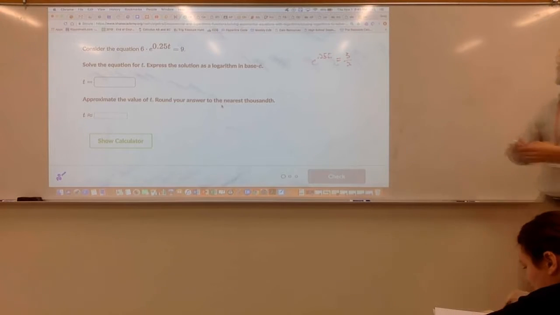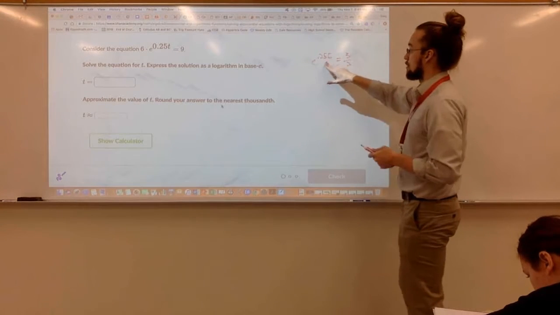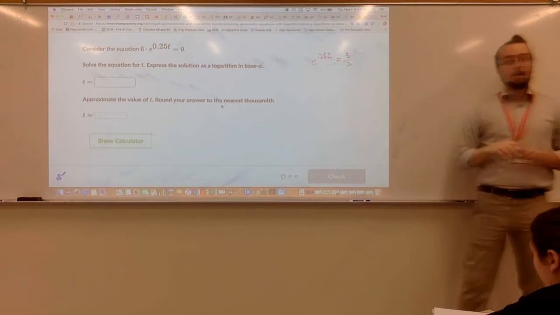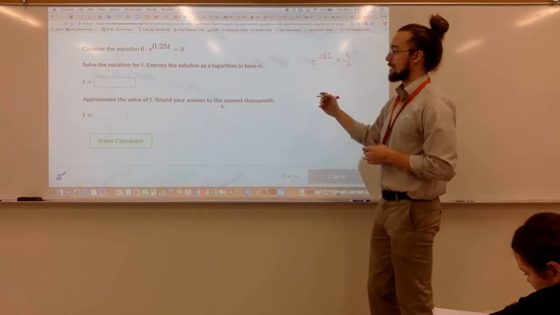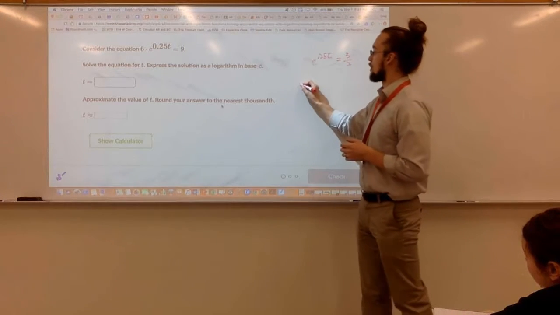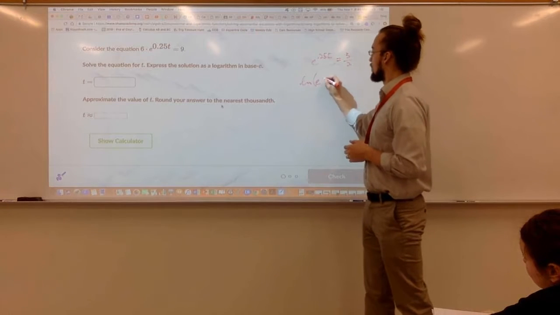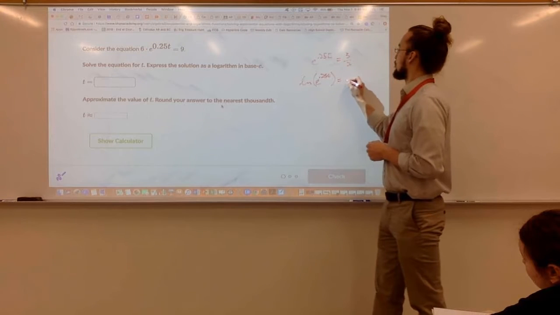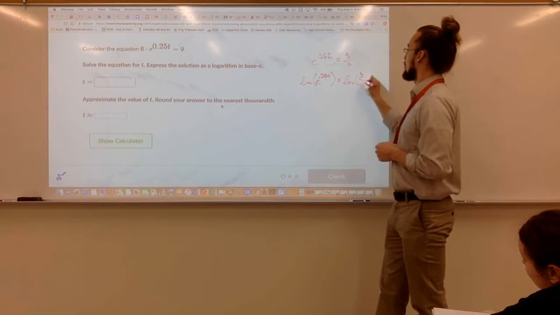Now, to get t by itself, what I want to do is take a log of both sides of the equation. Since this exponential is base e, I'm going to take log base e of both sides, which is natural log. So if I do that, natural log of e to 0.25t equals natural log of 3 halves.